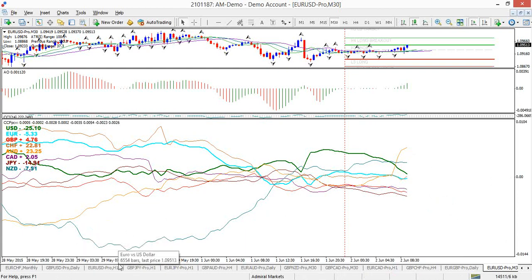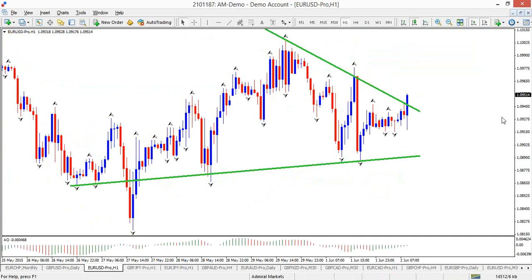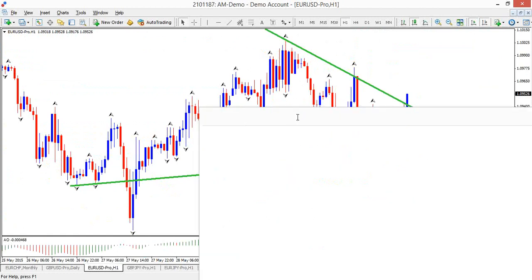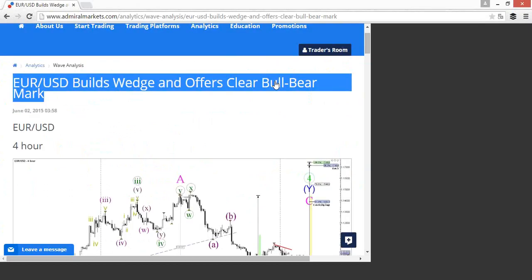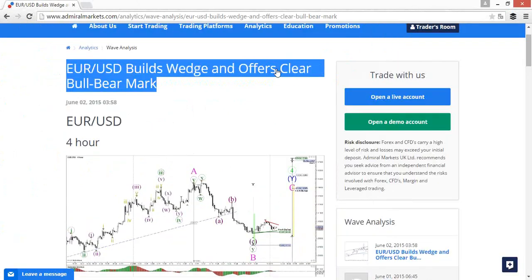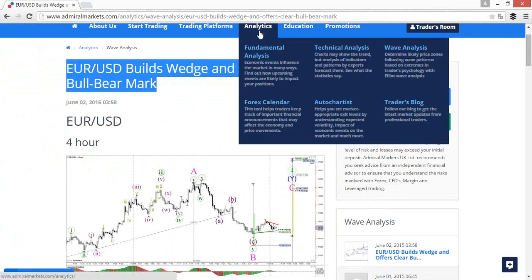So anyhow, let's take a look, first of all, at the euro dollar. And then we'll take a look at the pound dollar. Okay? First of all, euro dollar. For those that are very interested in wave analysis, by the way, you will find on the Admiral Markets website my wave analysis, published around 5:30 a.m. UK time, sometimes 4:30 even, on average at least.